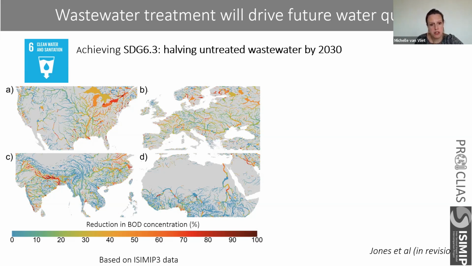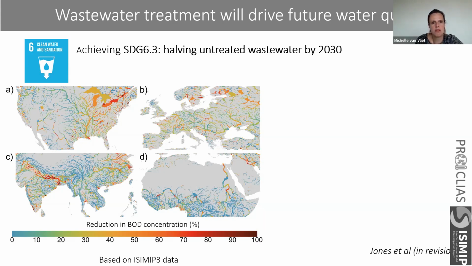So here are some results that I would like to show. This is just an example of the BOD concentrations, and actually the reductions, presented here by focusing on SDG target 6.3. More dark orange and red shows stronger reductions in BOD concentrations.